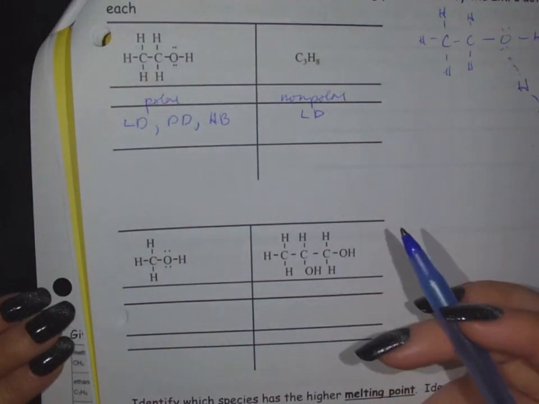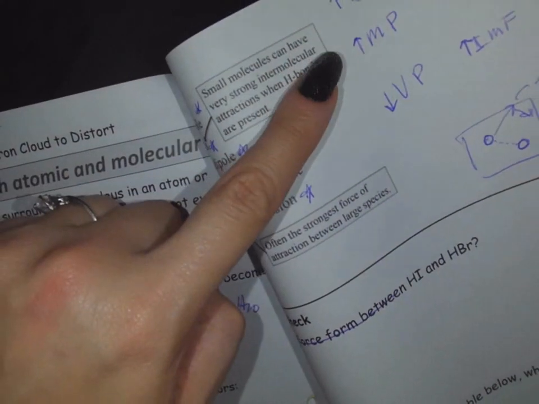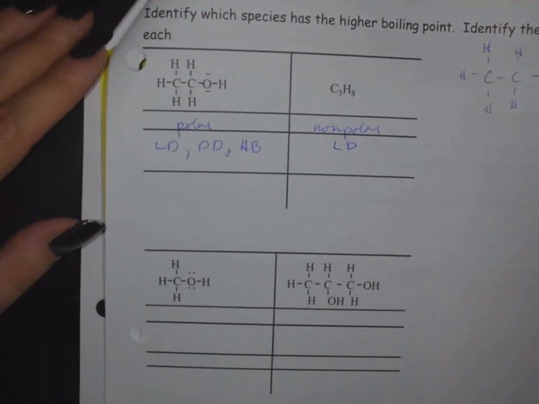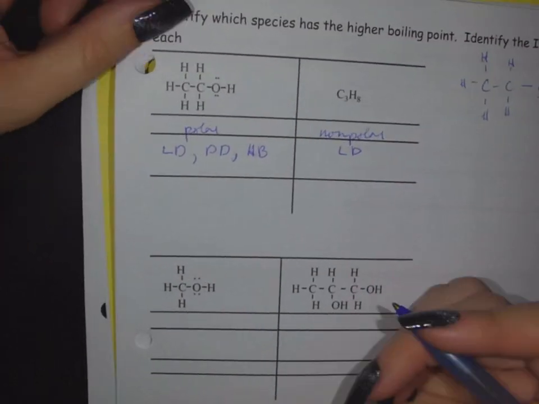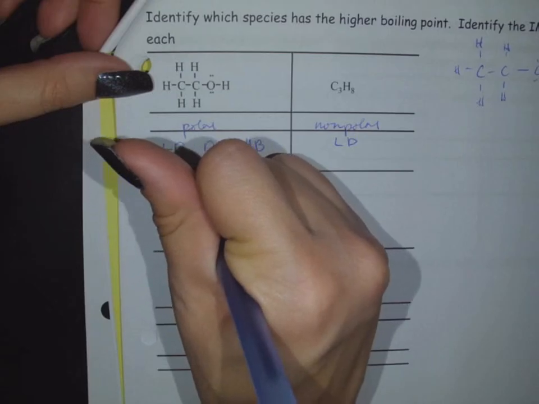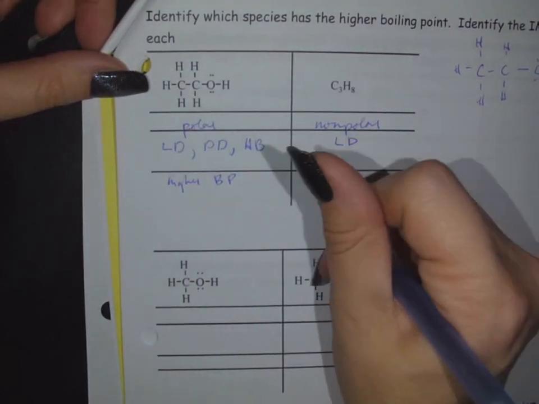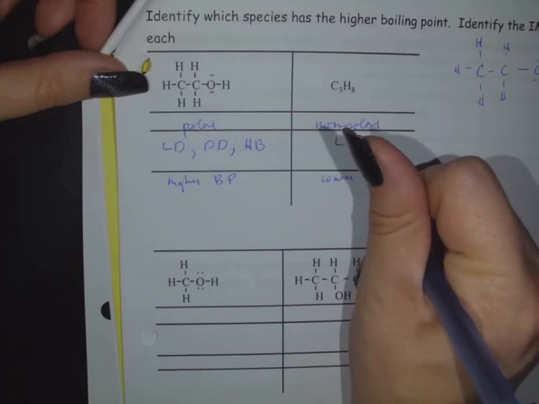So what would that mean for boiling point, melting point, and vapor pressure? Okay. If I am comparing these two things, this one would have a higher boiling point, and this one would have a lower boiling point.